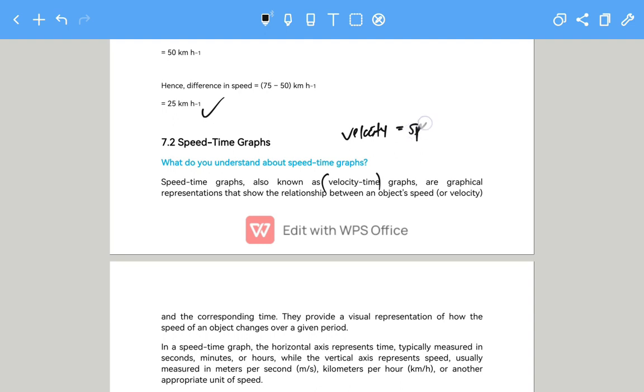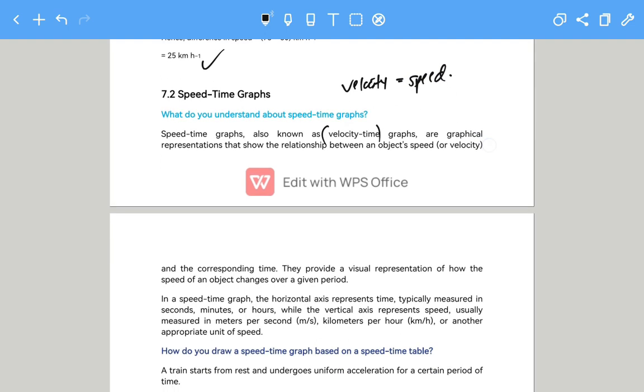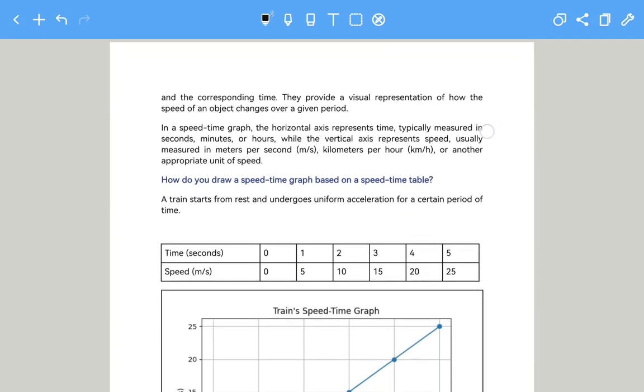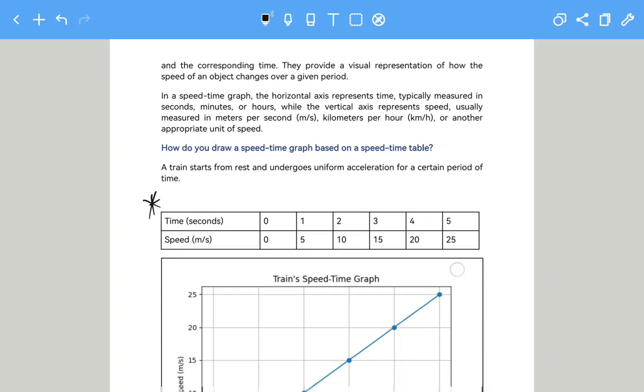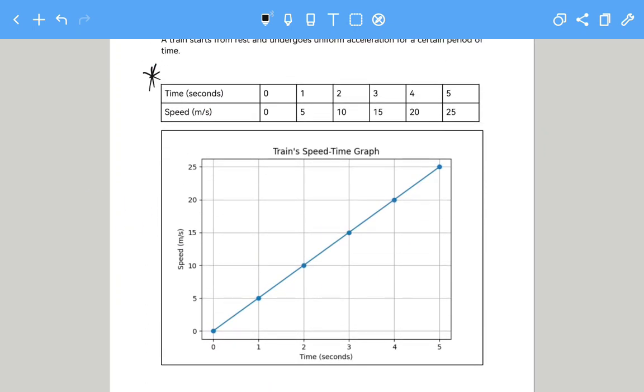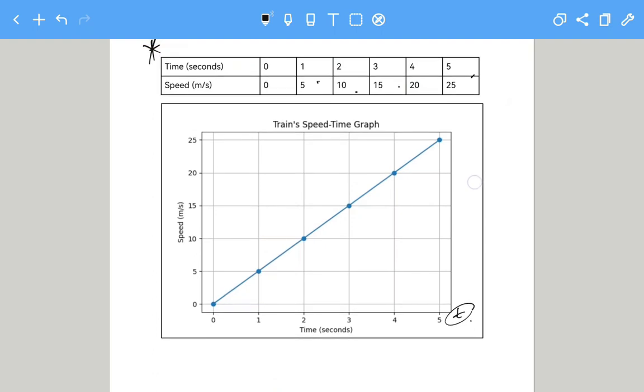So, speed time graph. He already gives you the data, so you just sketch the data using the scale. For time we use 1, 2, 3, 4, 5, right? Then we just use 5. Don't sketch too long out of the graph and don't sketch too small. Just moderate, alright?